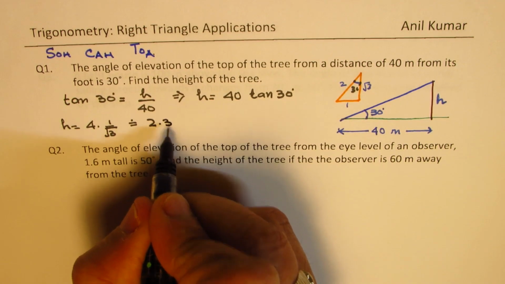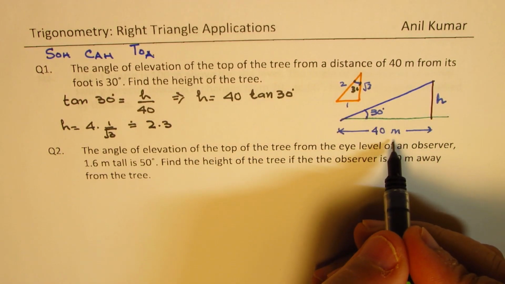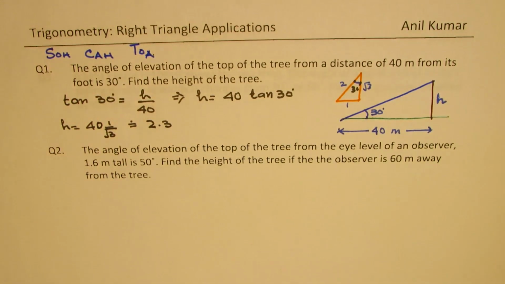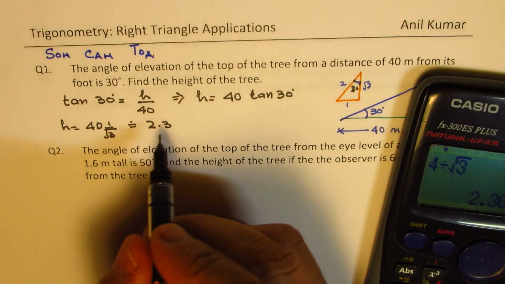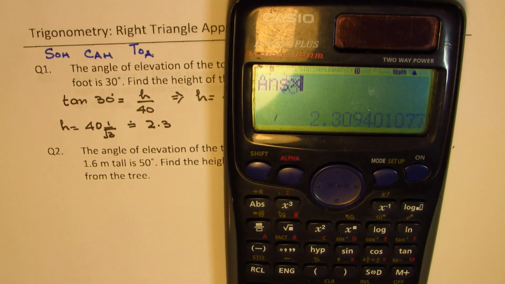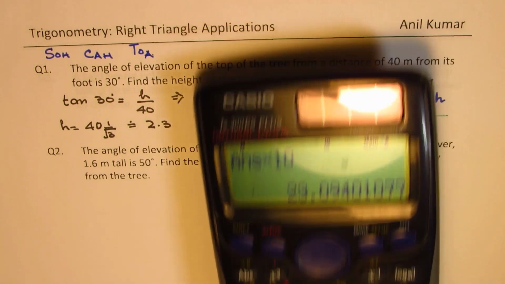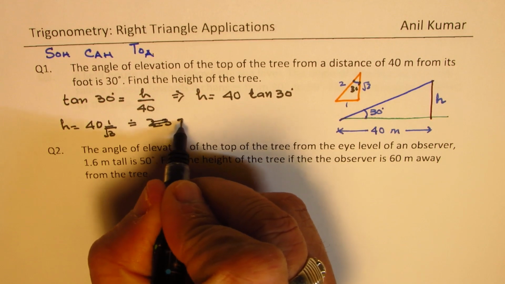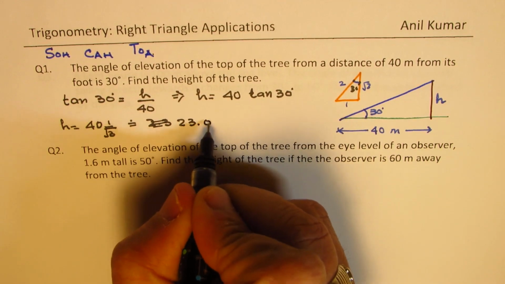So 2.3 units. Sorry, this is 40. So it is 40 times this. So times 10. Let me just do times 10. So that is 23.09.